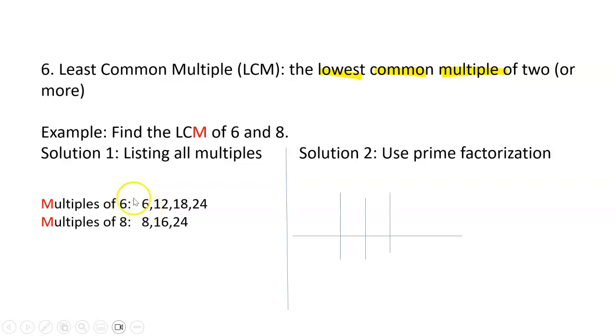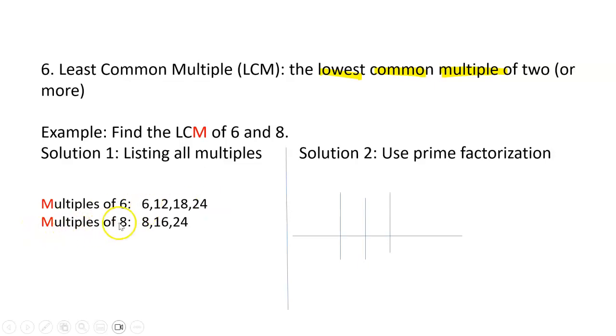But if we multiply by 2, 6 times 2 is 12. We got another multiple. And when we multiply 6 by 3, we get 18. And we can take 6 multiplied by 4, we get 24. I stopped at 24, but you can continue, multiply by 5 to get 30, and you may get as many as you want.